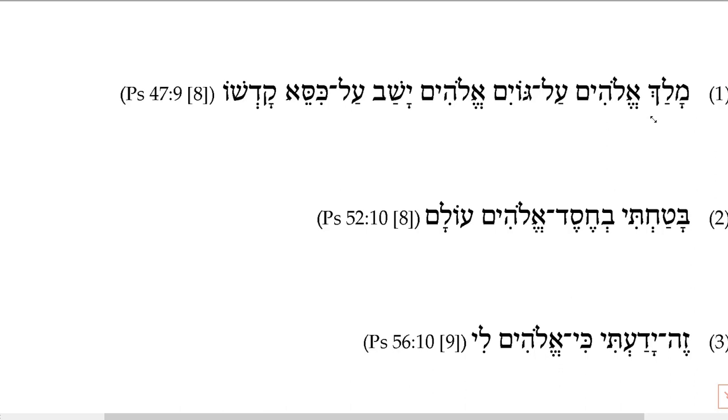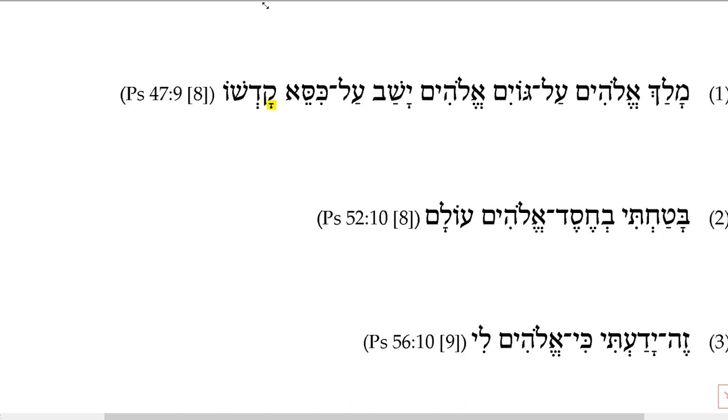So Malach Elohim al Goyim, and I think there's going to be a pause there. Elohim Yashav al Kasei Kodsho. And our textbook would say it Kodsho. In any case, it's the short O, the Kametz Hatuf.